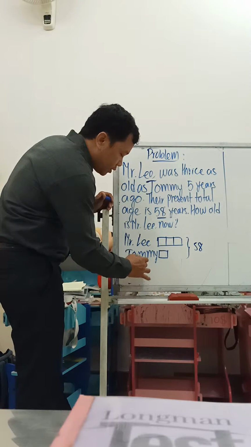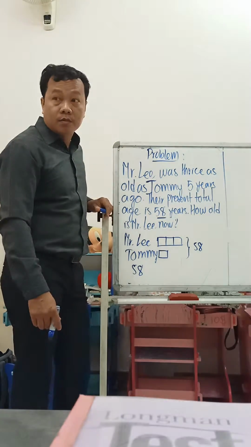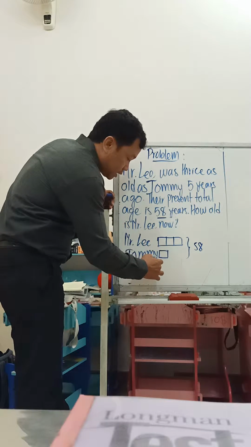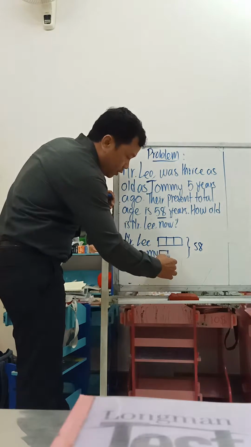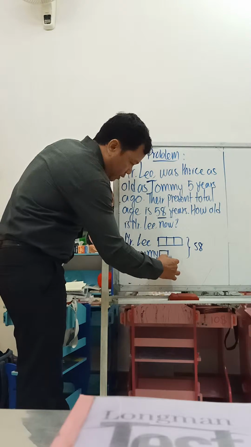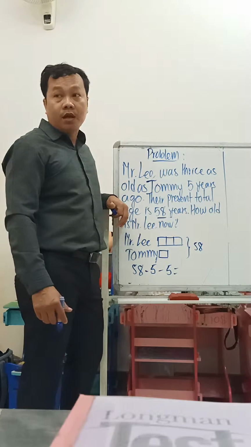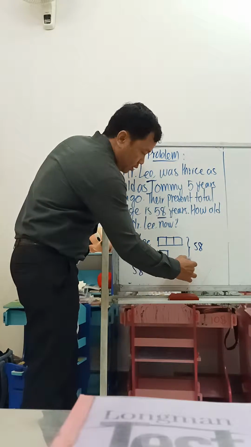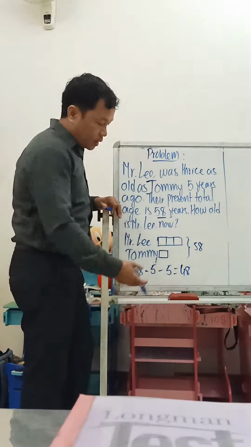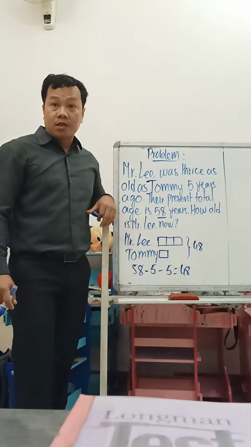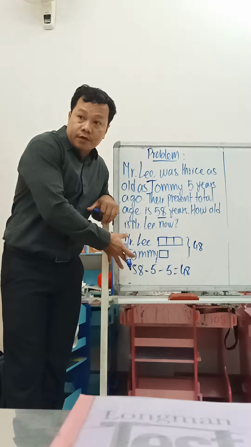You move back 5 years, right? 5 years for Mr. Lee and 5 years for Tommy. So how old were they, both of them, at that time? 48. Get it? 5 years ago, both of them were 48.